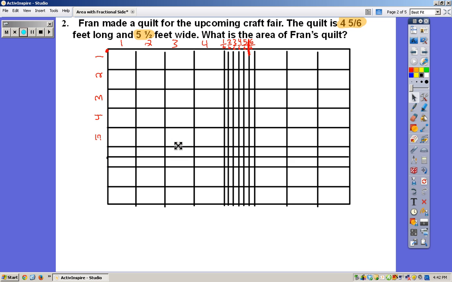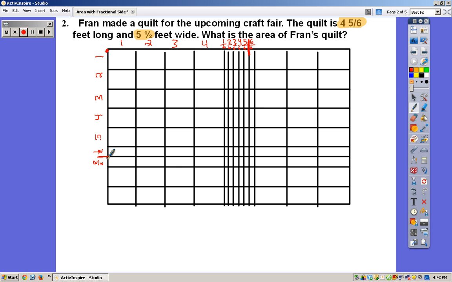A little better, right there. Okay. Now this is 1/2, this is 2/2. We're going to count down 5 1/2: 1, 2, 3, 4, 5, and 1/2. So we're going to stop right here.